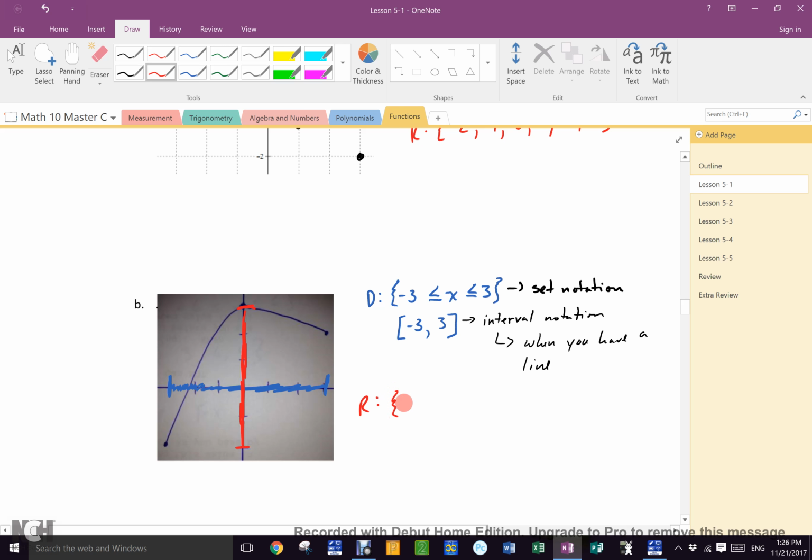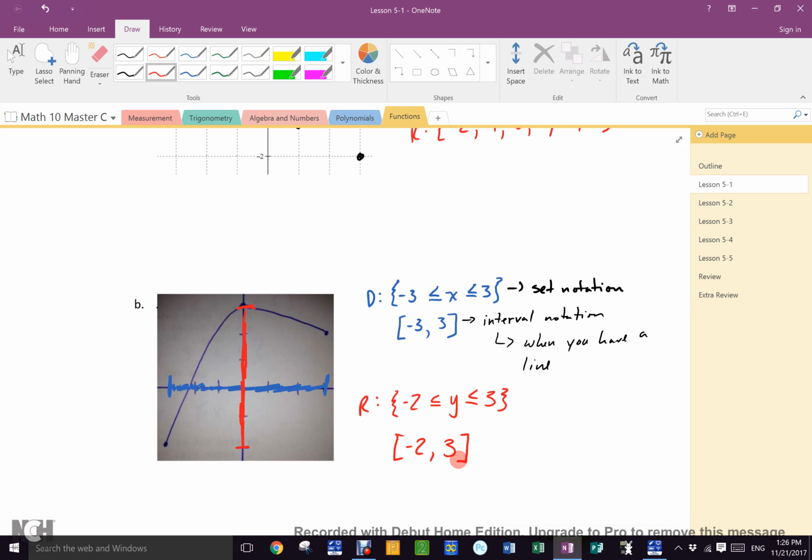So it must be -2 less than or equal to what? Y, which is less than or equal to what? 3. How would I write that in interval notation? Square bracket, -2, comma, 3. Square bracket.